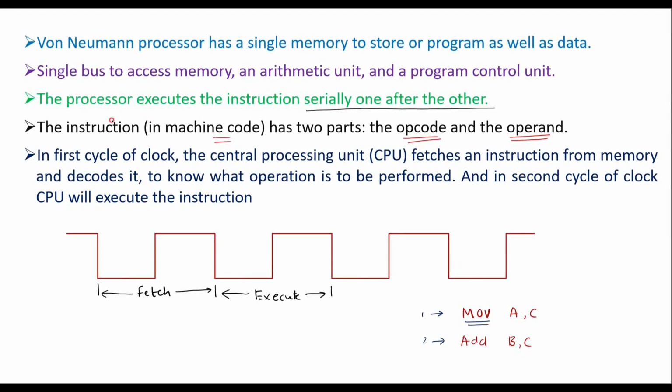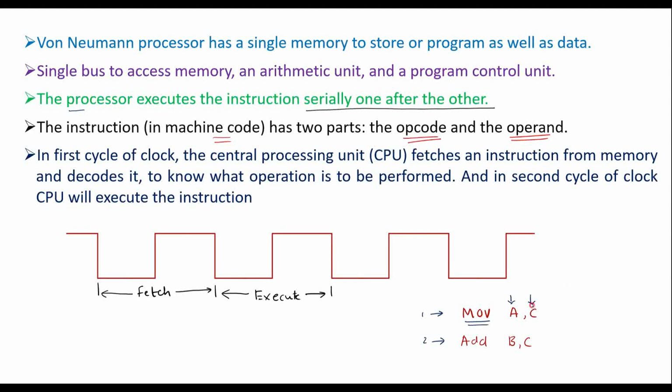As I said, the processor executes the instructions serially one after the other. That is, the first instruction will be executed, then instruction 2 will be executed. Let's see what happens when the first instruction is executed. Here the opcode move performs the operation of moving data from one register to another register. Here we can consider that this is the source register and this is the destination register.